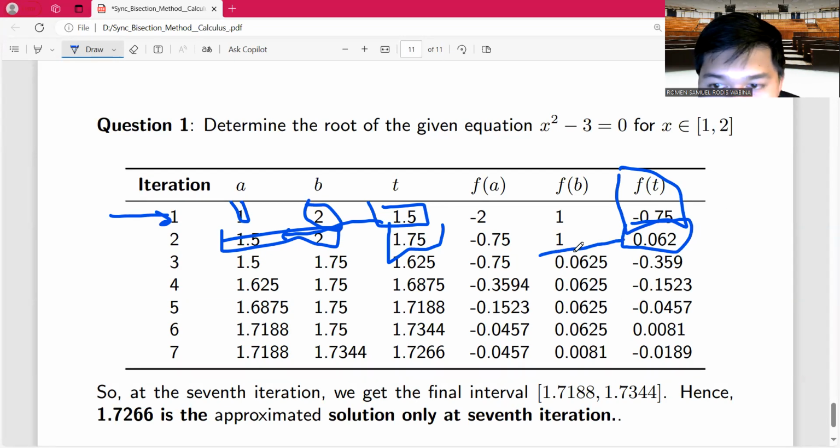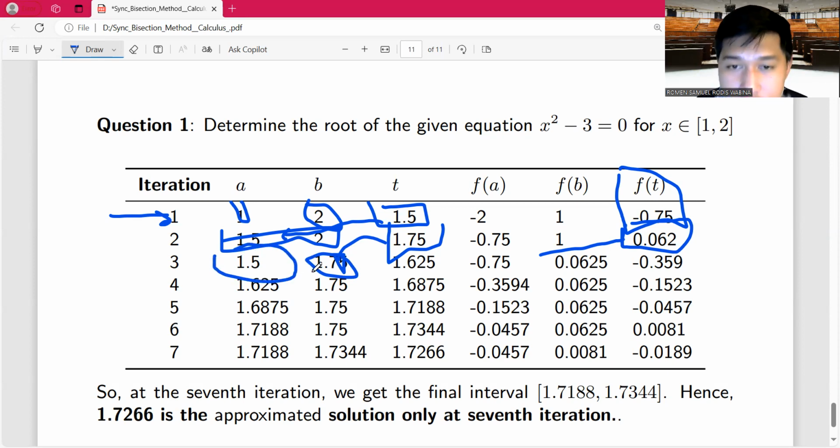So the value of t from the second iteration becomes the value of b. Again, we calculate the value of t, which is 1.625, and we calculate f of t for the third iteration, which is negative, and so on and so forth.